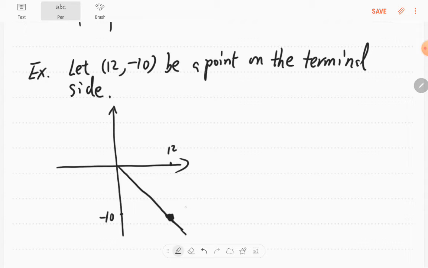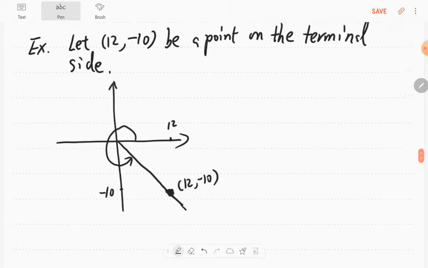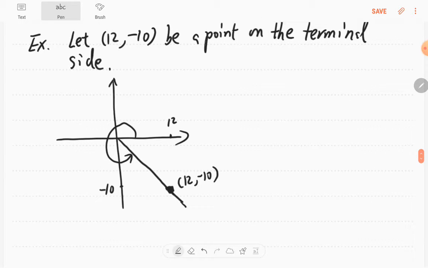This is the point 12, negative 10, and this is our angle, right? Of course, you can have more revolutions, but this is an angle from 0 to 2 pi. So for this point, x is equal to 12 and y equals negative 10.